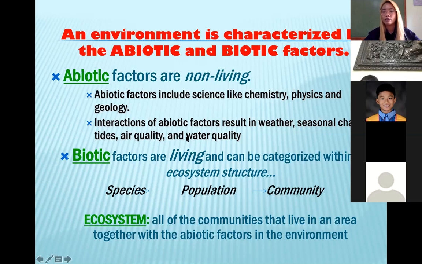Okay, and of course, other factors that is categorized under abiotic factor is yung soil. Of course, the quality of your soil, because there are some soil that does not have a lot of nutrients. For example, sand on the beach, you do not observe a lot of plants growing. Number one, because sand is not appropriate for growing plants.